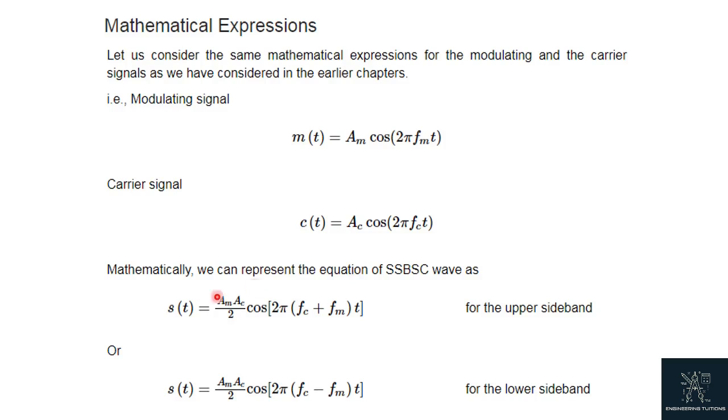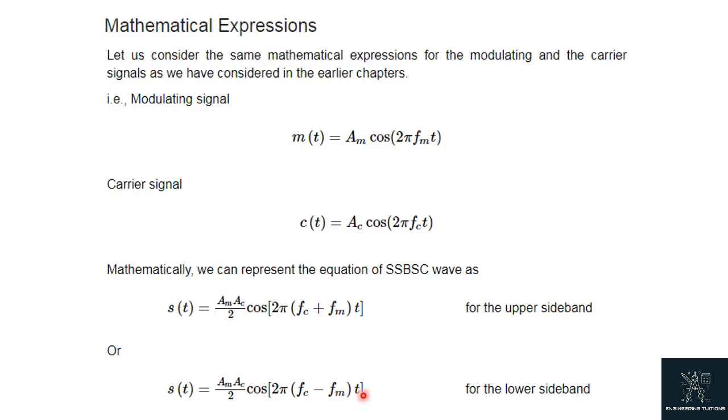Mathematically, we can represent the equation of SSB-SC wave as s(t) is equal to Am Ac by 2 cos 2 pi (fc plus fm) t for the upper sideband, and s(t) is equal to Am Ac by 2 cos 2 pi (fc minus fm) t for the lower sideband.